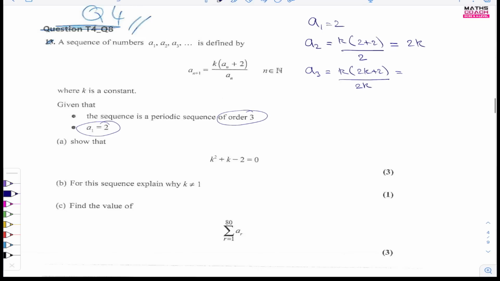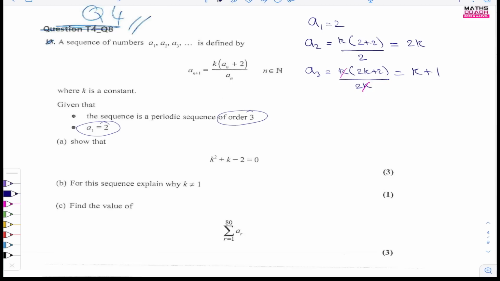That gives you 2k squared plus 2k over 2k. Well, I guess you didn't have to expand. You can see from here that you can cancel the k off, and then divide everything on the top by 2. That just gives you k plus 1 when you simplify.